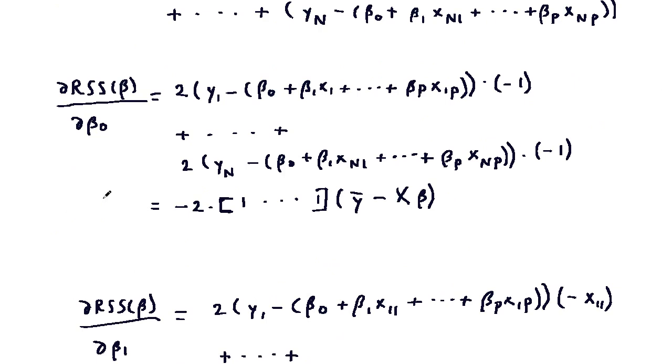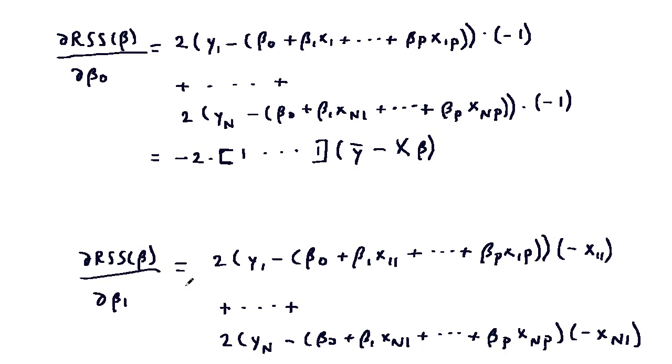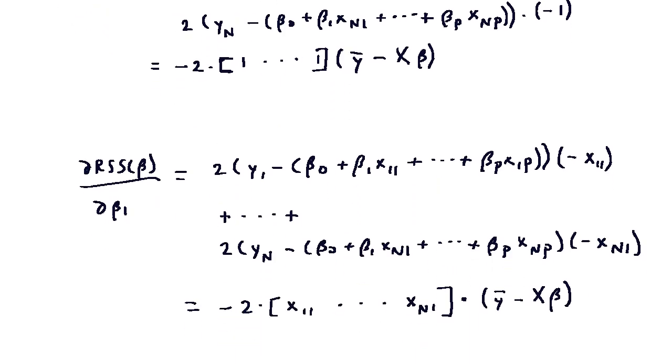Let's take the derivative with respect to beta 1. Once again, we drop a 2. We have the stuff inside times the derivative of the stuff inside with respect to beta 1. Here we get minus x11. Go all the way down the line, we get minus xn1 here.